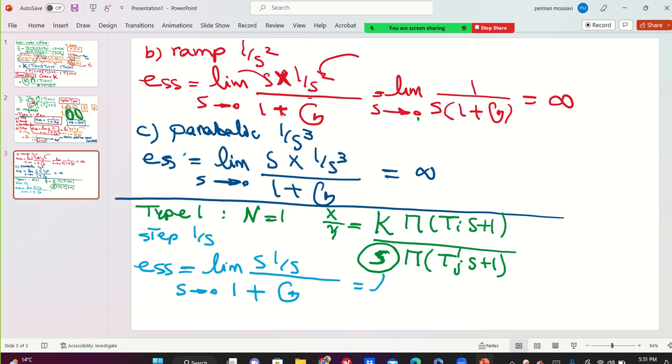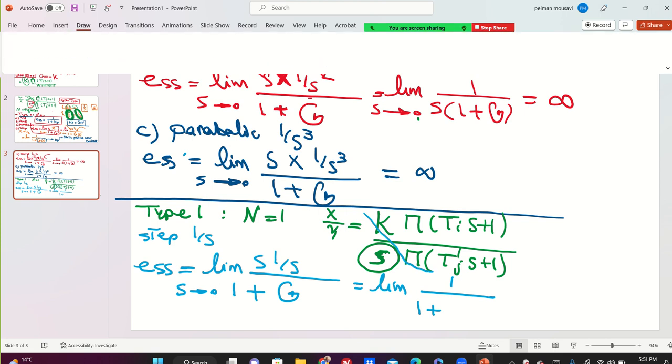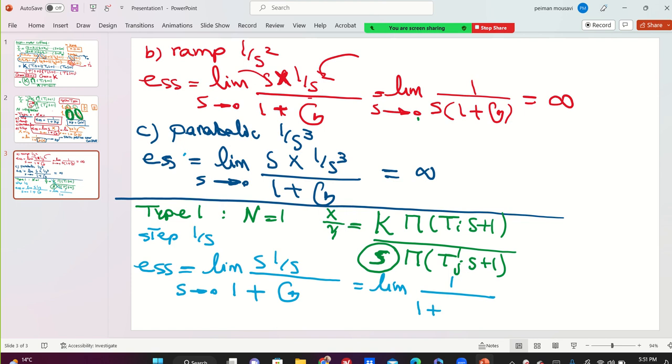So this is going to be a limit of 1 divided by 1 plus... Okay, look at here, guys.